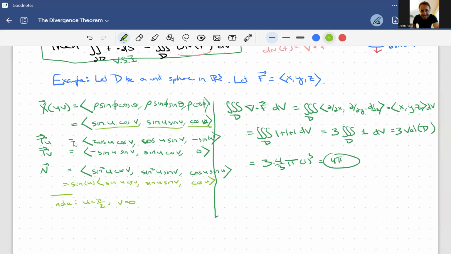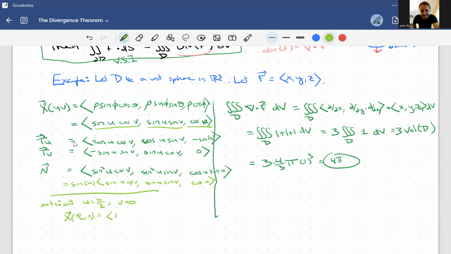So I'm going to look at this specific point. Note, at the point where u equals pi over 2, v equals 0, we get x of pi over 2, 0, which becomes a 1 times 1, sine of pi over 2 times cosine of 0.